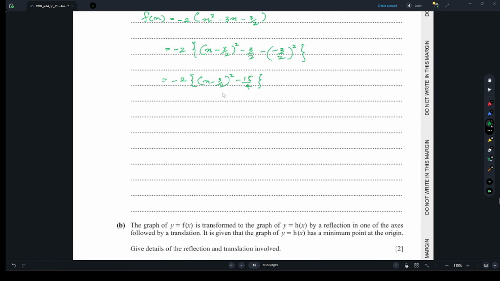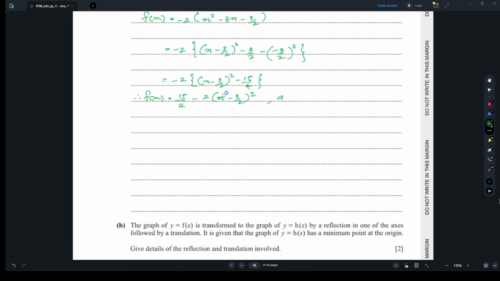Okay, so now you can multiply by minus 2. Therefore, f(x) equals, when I multiply by minus 2, you will receive 15 over 2 minus 2 times (x minus 3 over 2) squared.